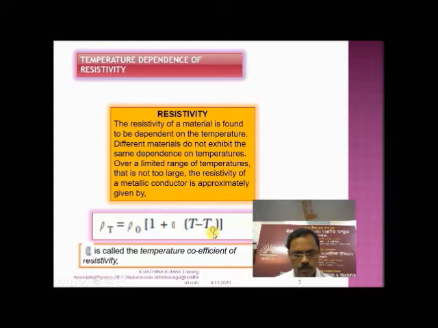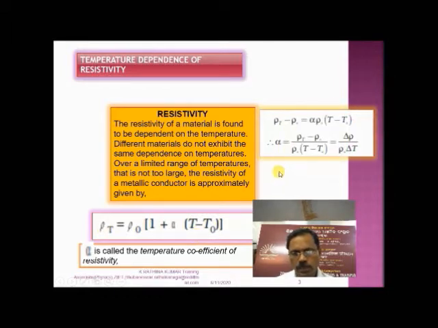Here rho T is the resistivity at any temperature T, and rho 0 is the resistivity at the initial temperature T naught. This alpha is called the temperature coefficient of resistivity. In the case of a resistor, instead of rho, the symbol R for resistance will come. Otherwise, the equation will be the same.